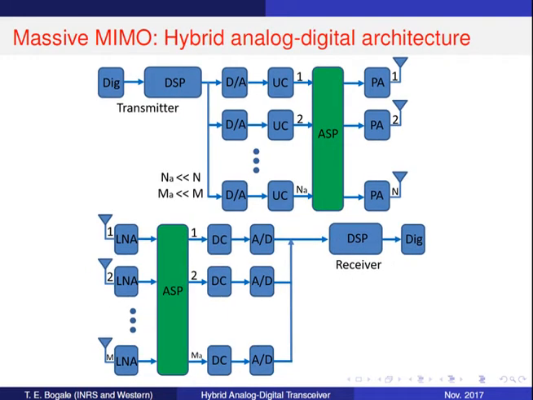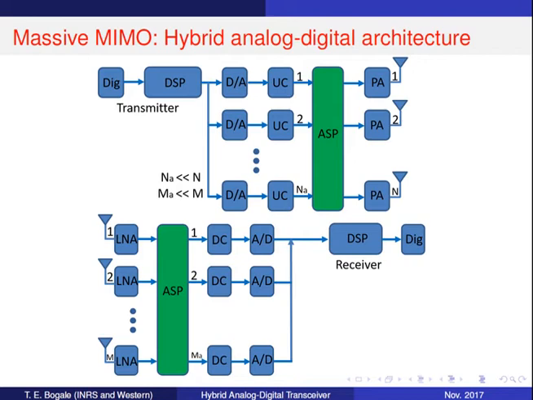The goal of hybrid analog digital transceiver architecture is therefore to introduce analog signal processing component just in between the power amplifier and up converter at the transmitter side, and another analog signal processing component just in between the low noise amplifier and down converter at the receiver side.